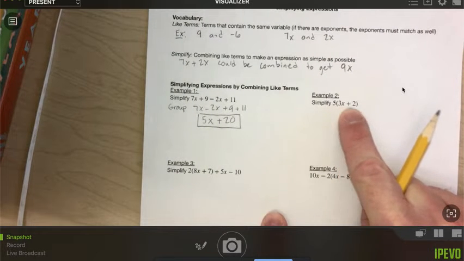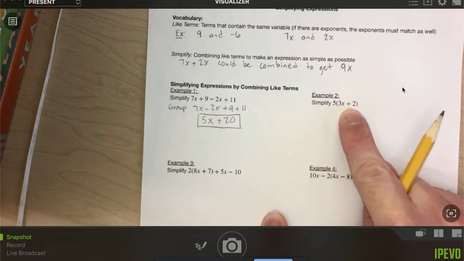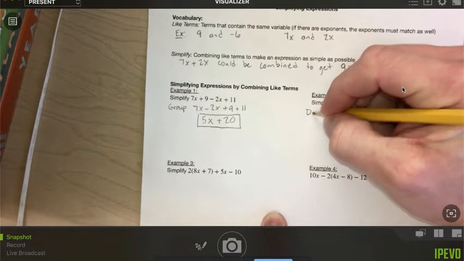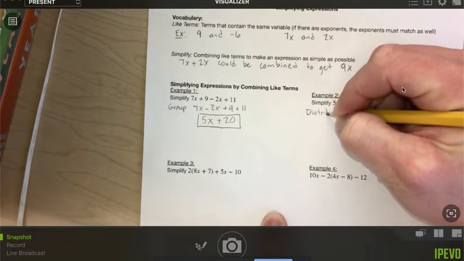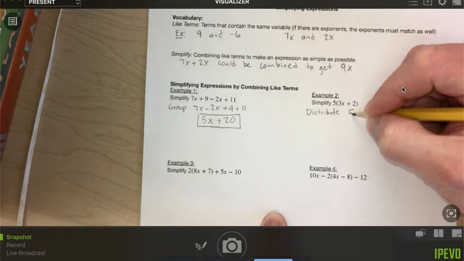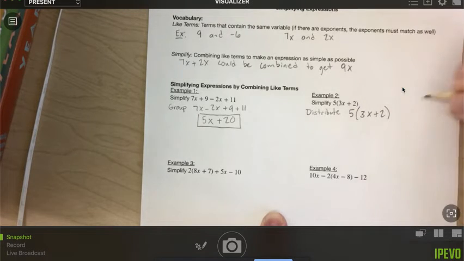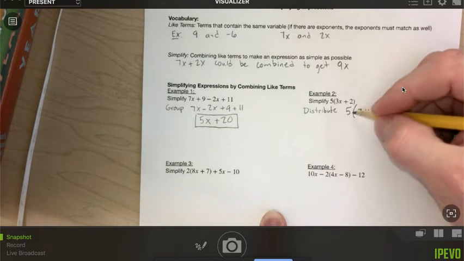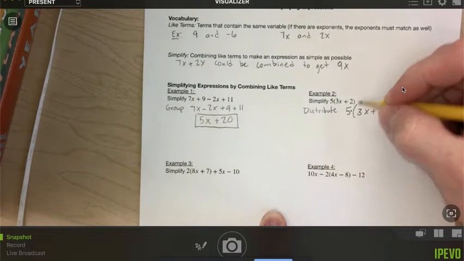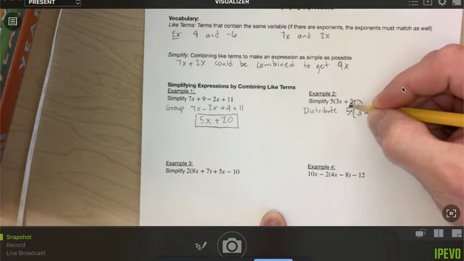Now, something like this, remember if there's a number outside parentheses, that should clue you in that you're going to have to distribute. So, in other words, remember that 5 outside parentheses really tells you that you're multiplying, and you're going to multiply with both terms inside.